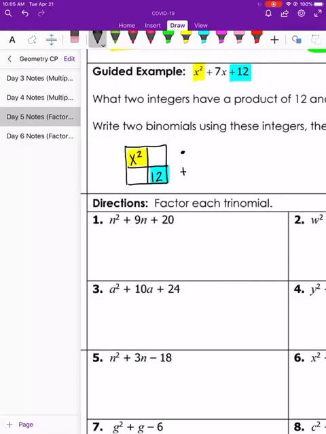What I want them to multiply to is the product, so when I multiply these 2 right here, 12 times x squared is 12x squared. That's what I get. I want 2 numbers that multiply to 12x squared, and I want 2 numbers that also add to 7x.